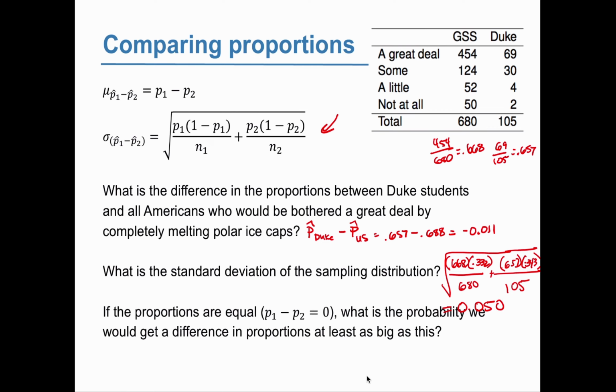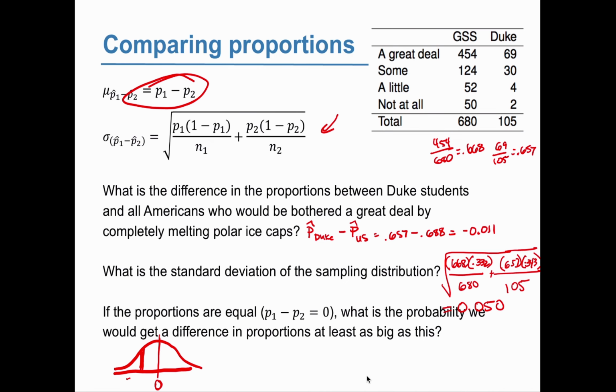If the proportions are equal, meaning that the mean of the sampling distribution is equal to 0, what is the probability that we would get a difference in proportions at least as big as this? So we already checked our conditions. We have at least 10 successes and at least 10 failures. We're assuming independence. So we can use the normal approximation here.